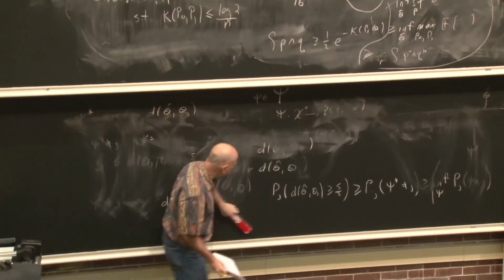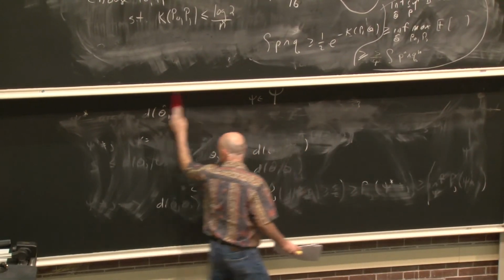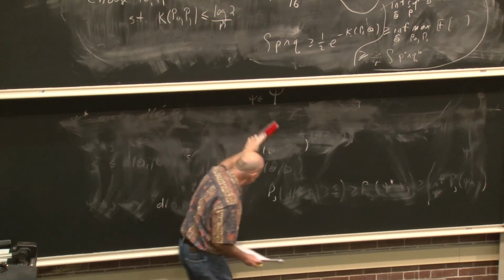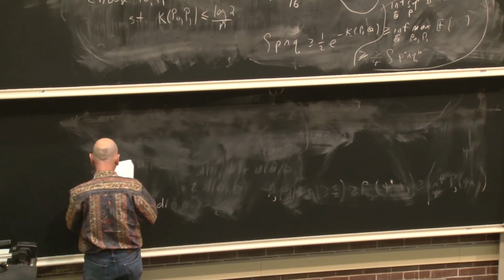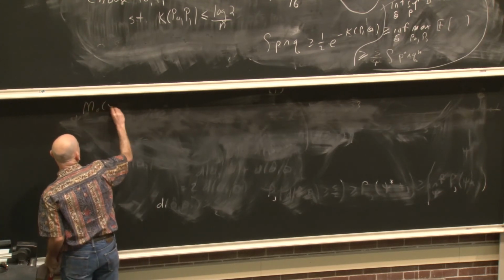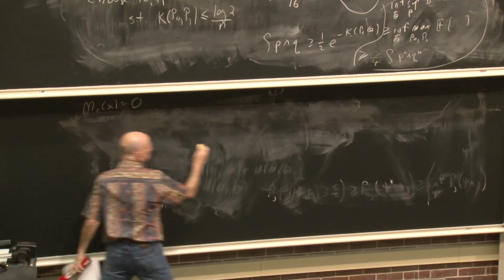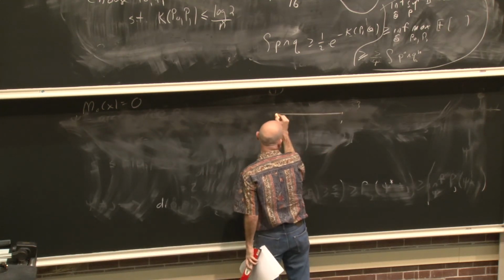So here are the two functions we're going to pick. I have to pick two regression functions. So the first one, hopefully I did pick 0. Yeah, so I'm going to call it m0 of x is 0. So there's my first regression function.